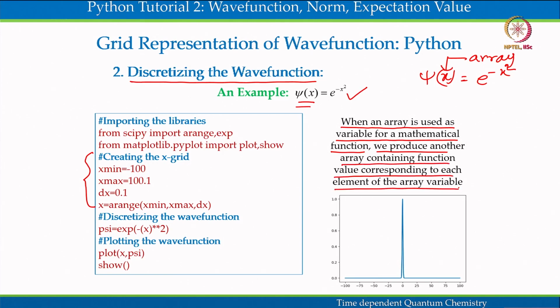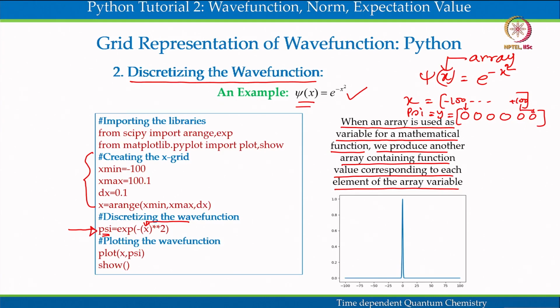So basically, this construct directly represents this, because x is an array, I will produce another array of psi. So if x is an array which is starting from minus 100 to plus 100, then I will get psi, which can also be expressed as y, is also an array, and this array will have the elements where function values will be presented corresponding to each grid point.